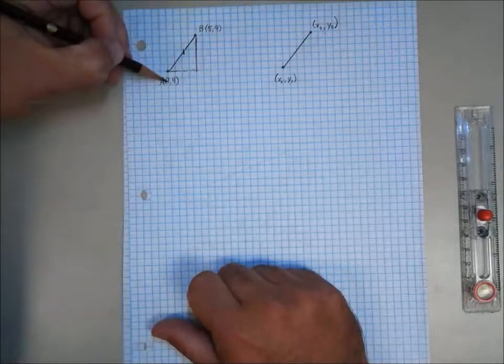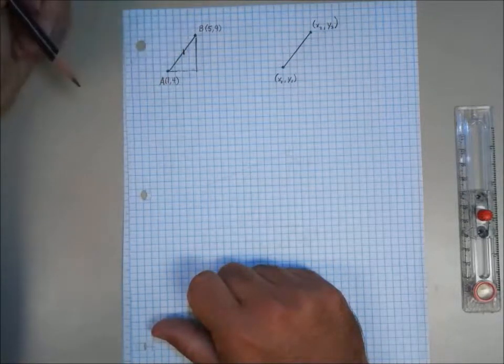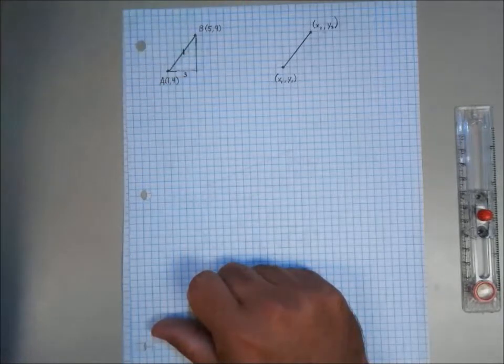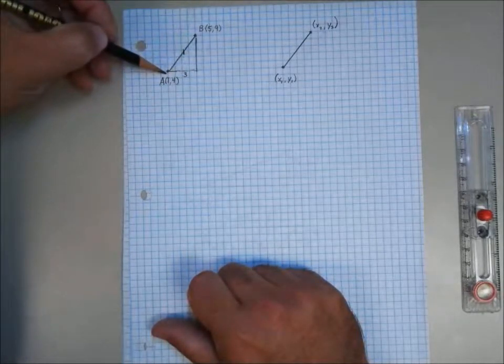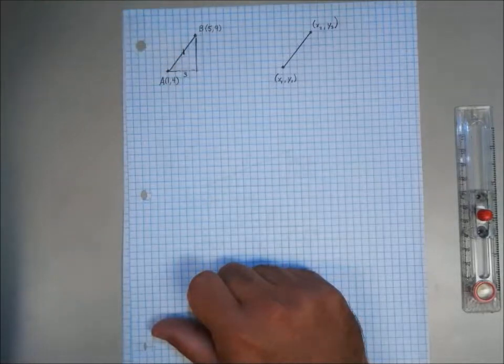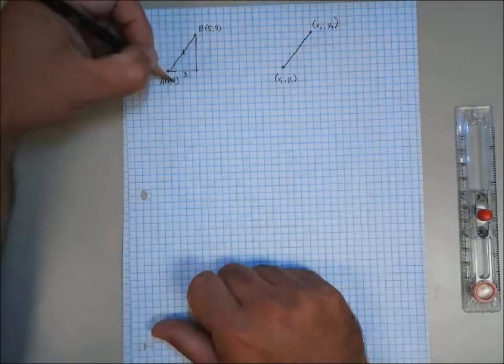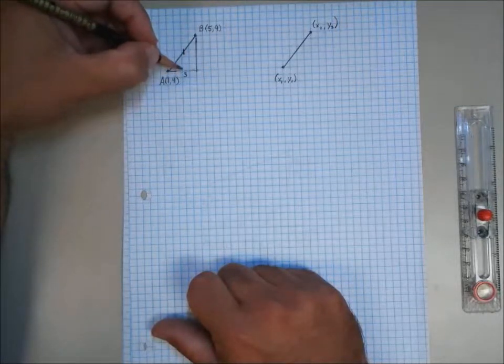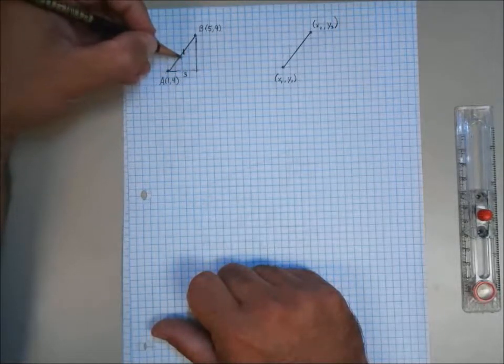And the halfway point between 1 and 5, if you think about it, is 3. Because there would be 2 to the left of 3 and 2 to the right of 3. Also, from 4 to 9, if you think about it, you would actually have to go 5, 6.